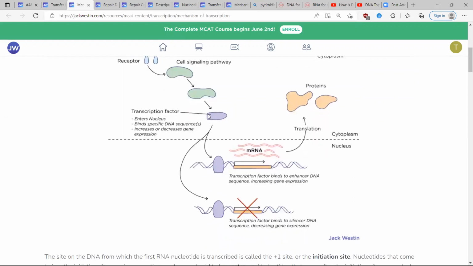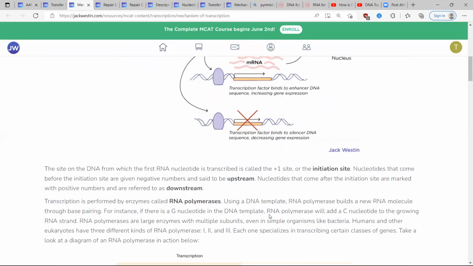It's a signaling molecule that comes in, directly binds to the DNA, and it will have some kind of effect on gene expression and protein production. It will either tell the DNA, hey, let's start making this protein, or it will say, let's stop making this protein and silence it. Either way, it has an effect.